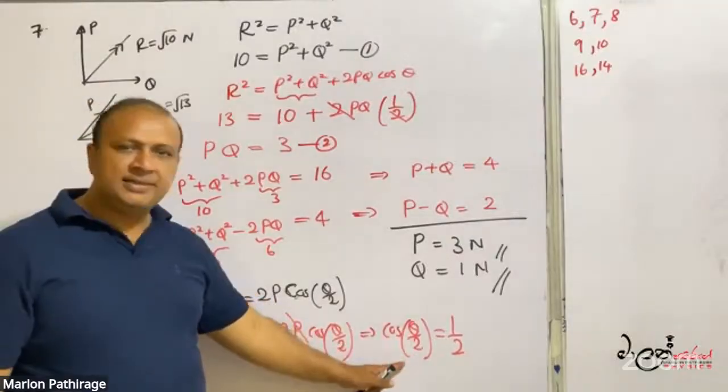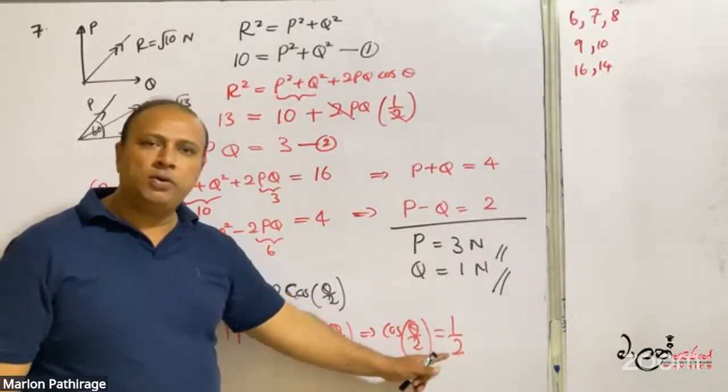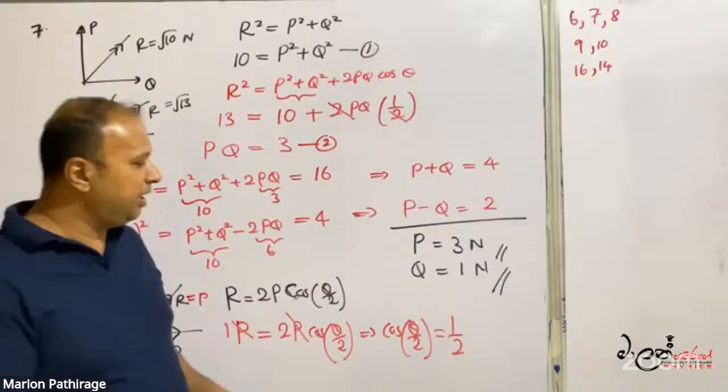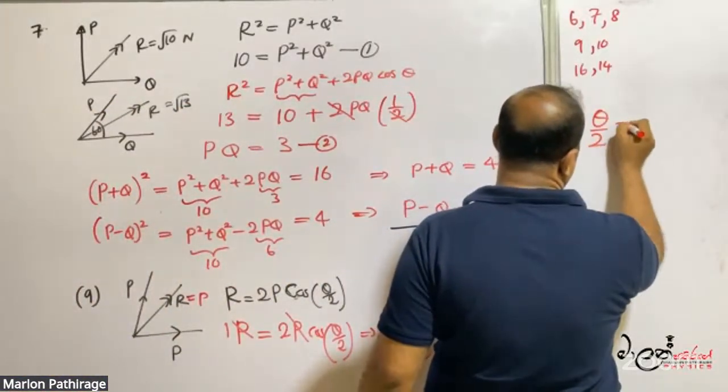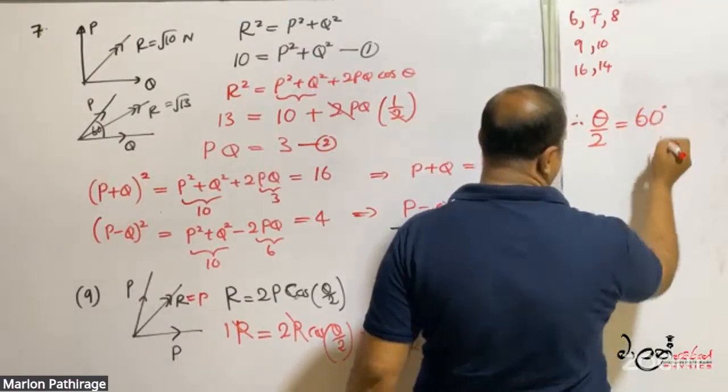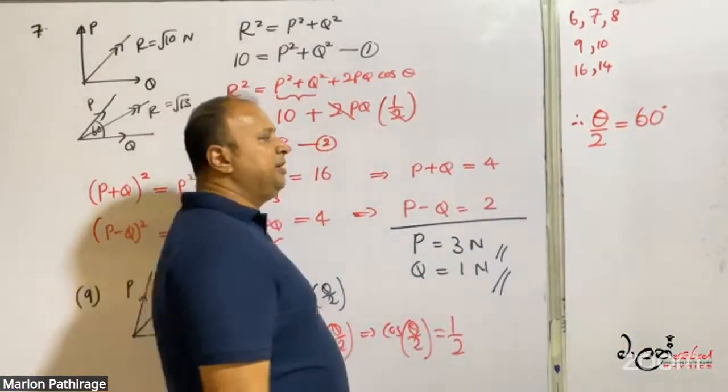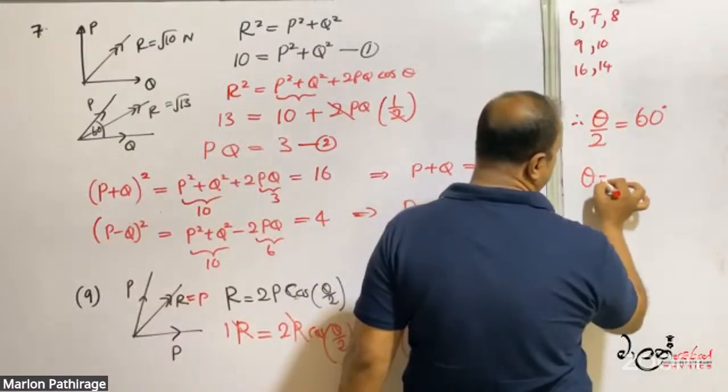Now the angle is theta over 2. That means theta over 2 should be 60, therefore theta should be 120.